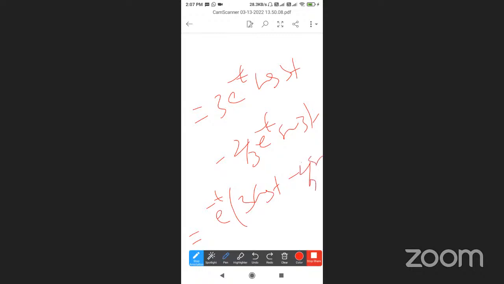That is the answer. Now inverse Laplace transforms we can find out. So it is clear. Now again, the inverse Laplace transform in the problems.